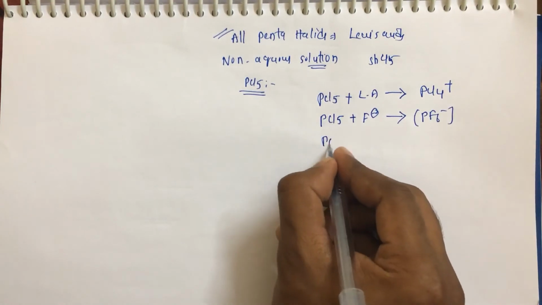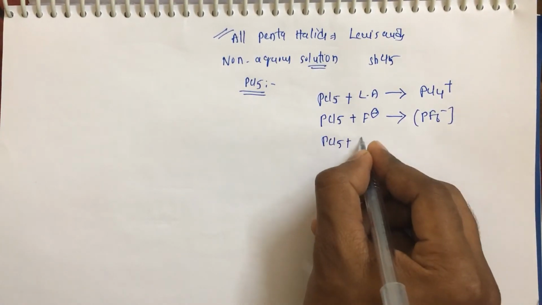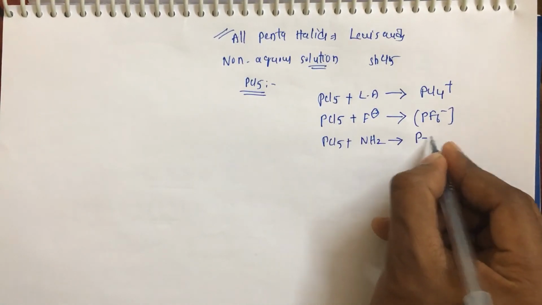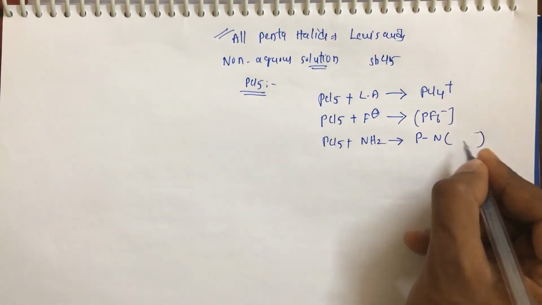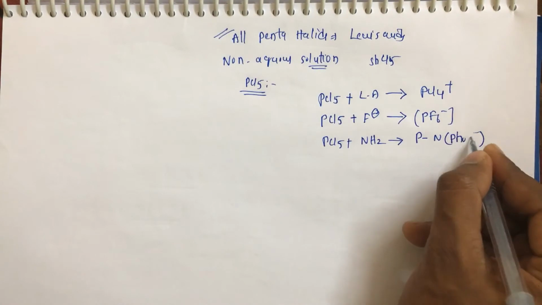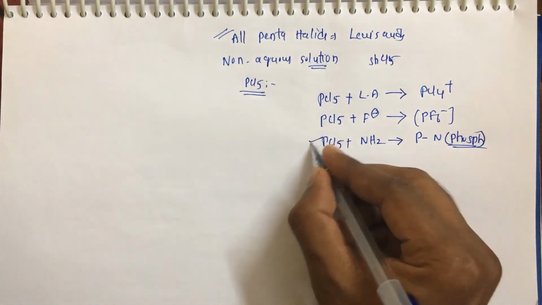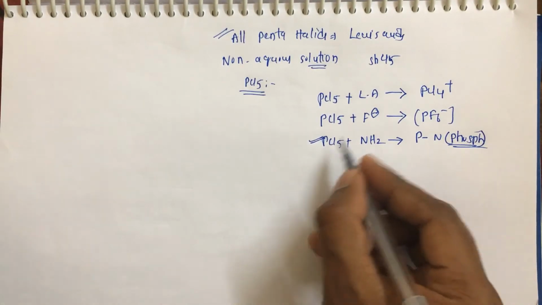And when we treat PCl5 with compounds containing NH2, it forms a P-N bond. This is very important; we call it phosphazene. Many times questions have been asked on this phosphazene.